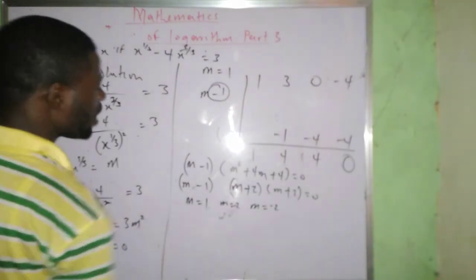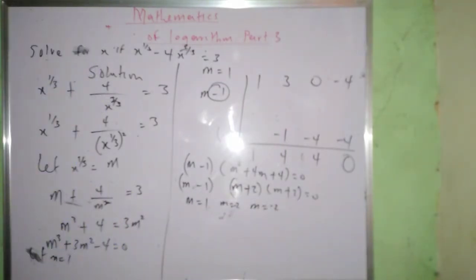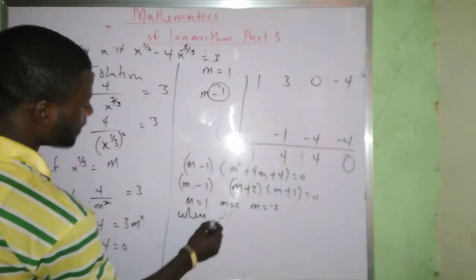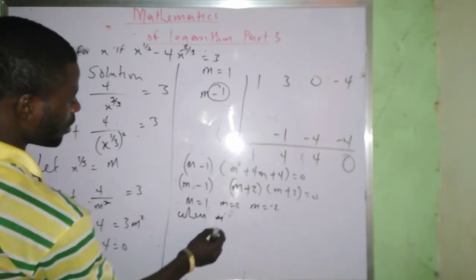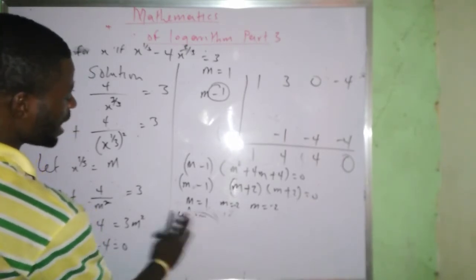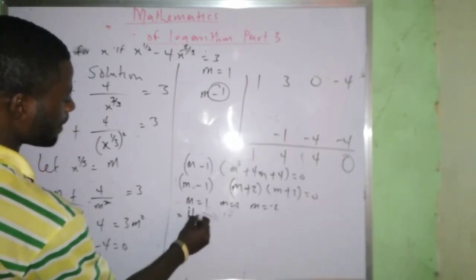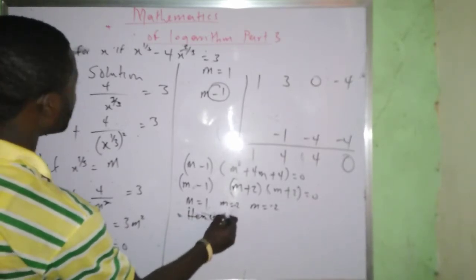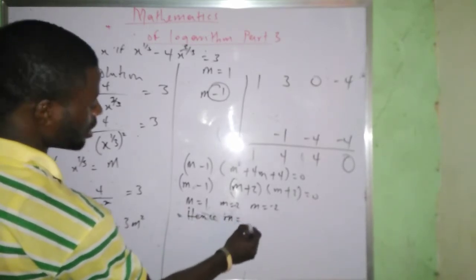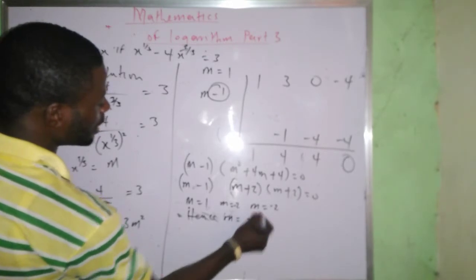Now, repeated here. What can I do next? I am looking for x. I will say m equals x raised to power 1 over 3.